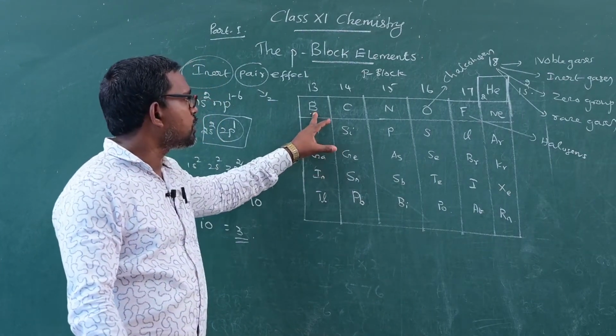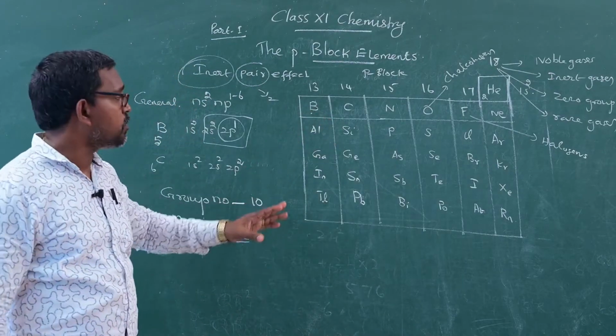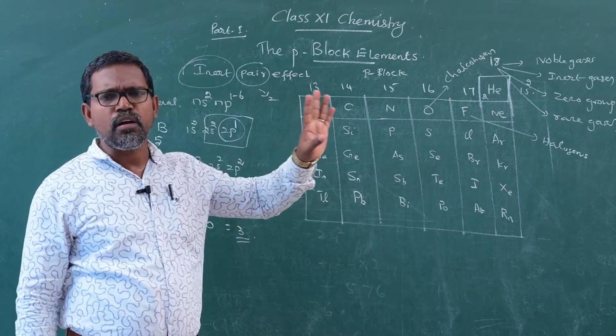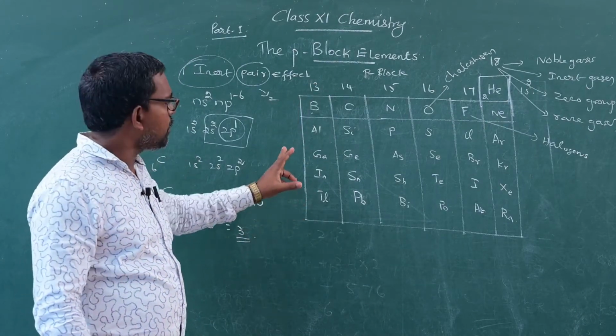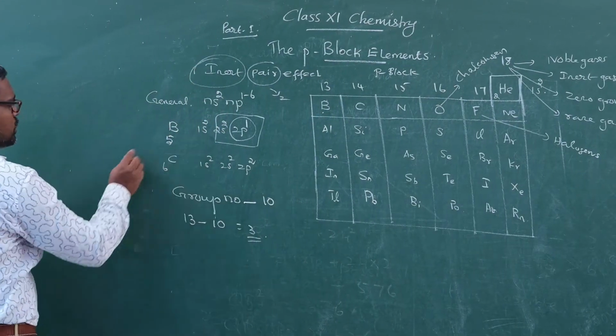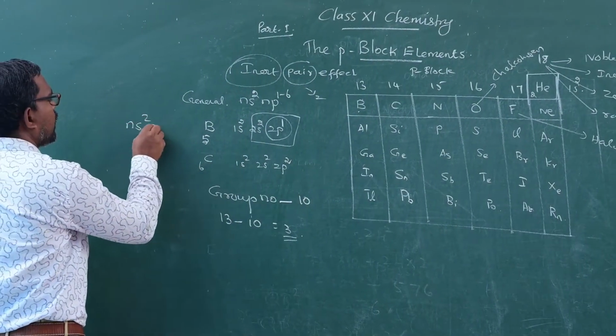In this topic we discuss both the boron family and the carbon family. The boron family has the general electronic configuration ns2 np1.